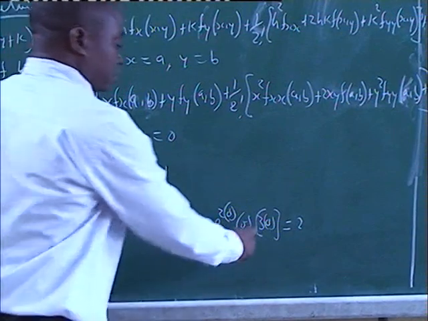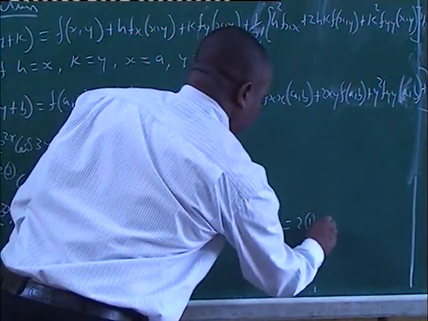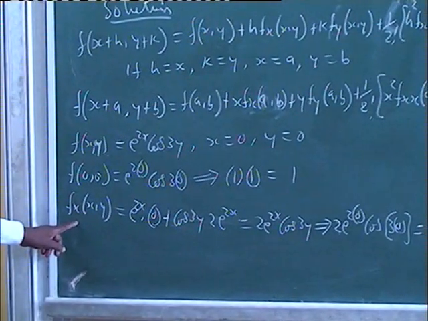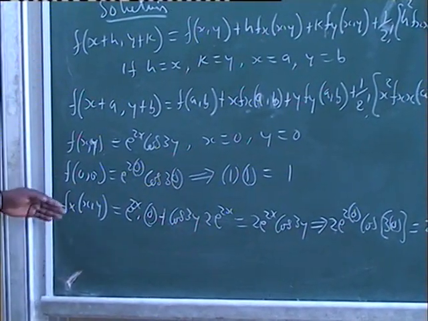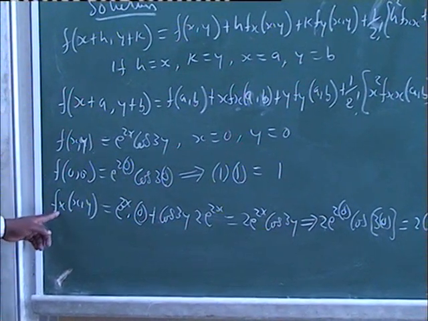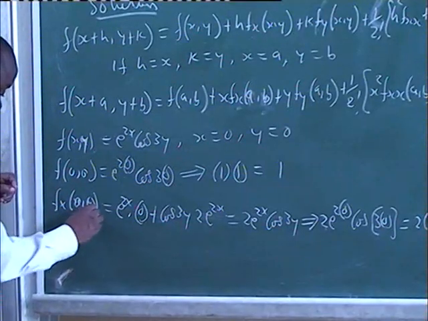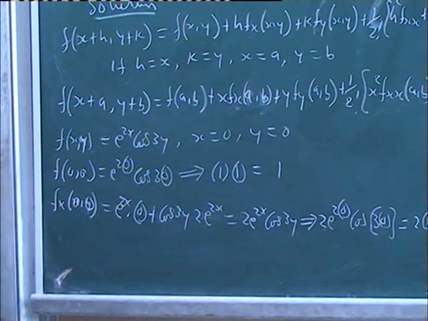But this one is cos 0, which is 1. So we have 2 at this point. So that is f sub x of a, b, where a, b is 0, 0.